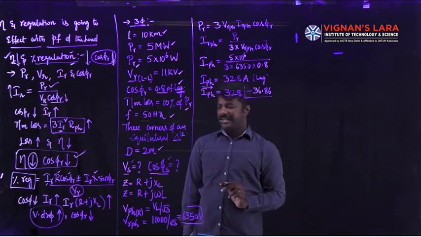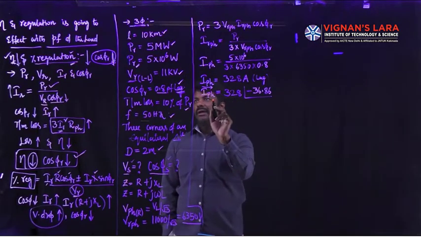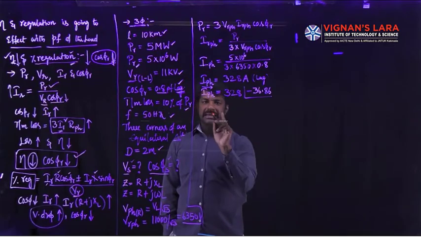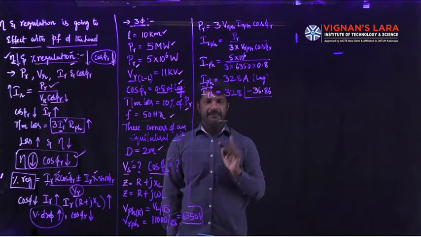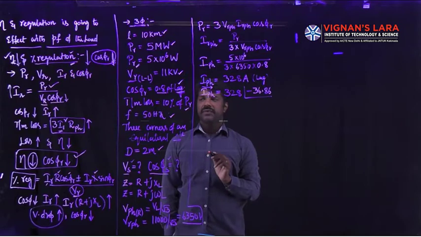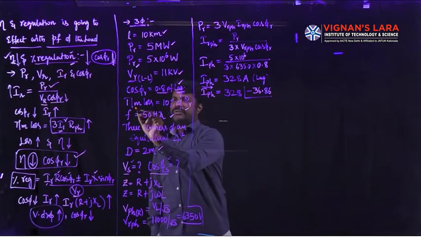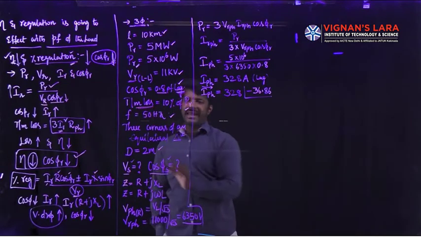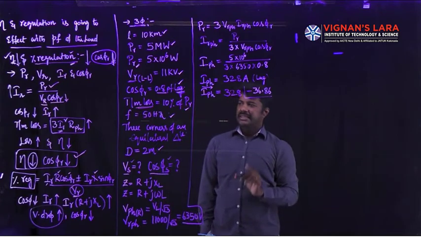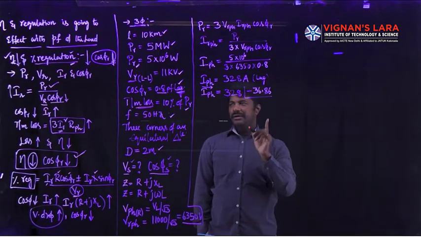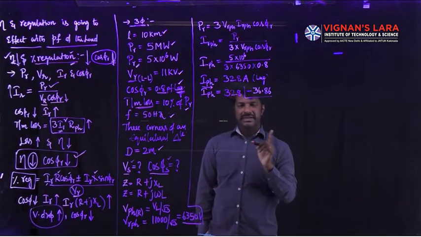So after getting the current per phase, our intention is to find out the resistance of the transmission line per phase value. To find out the resistance, I will use the data called transmission line losses, because the resistance is directly involved in producing the transmission losses.